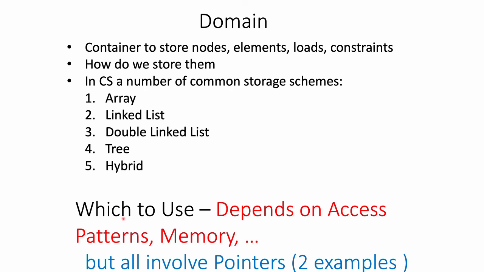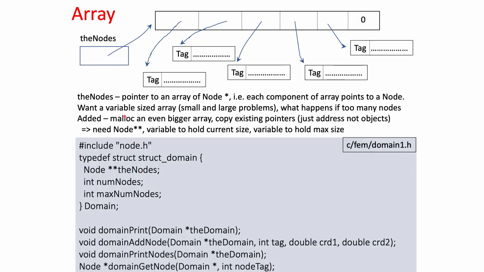How do you think the elements are going to access the nodes? That'll really determine which data structure is best to store the nodes. The data structure to store the nodes might be something different from the one to store the elements and the loads as well. So this is an example of an array data structure for storing the nodes.